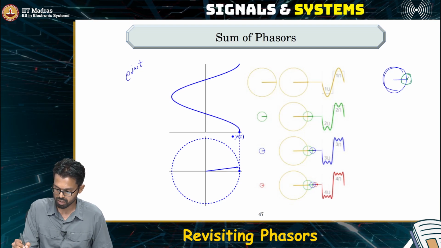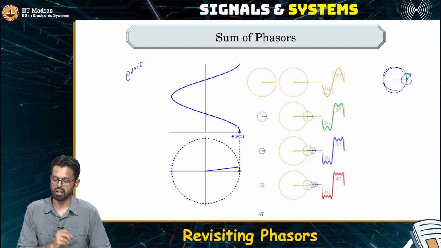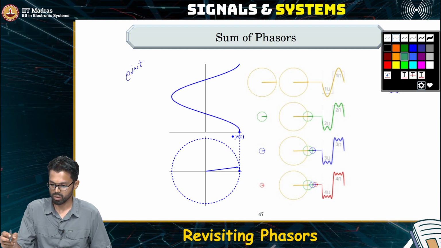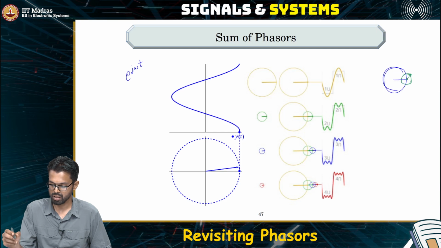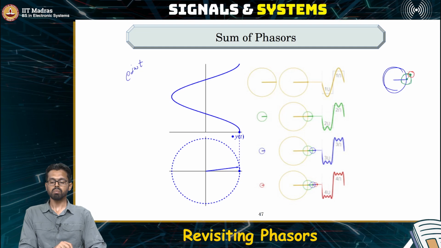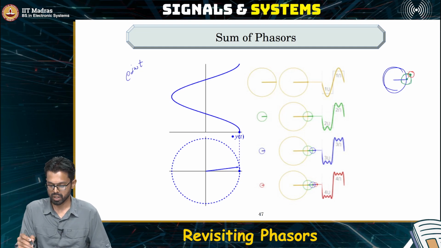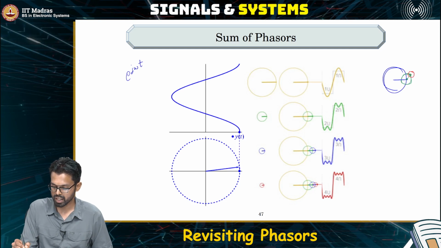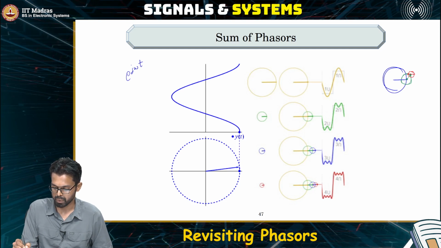Wherever that phasor's location is, that will be the sum of these two phasors. If you want to add another phasor on top of it, set that as the origin and then add another phasor. If you want to subtract instead of add, do the same operation, but instead of starting at 0, you start at pi.